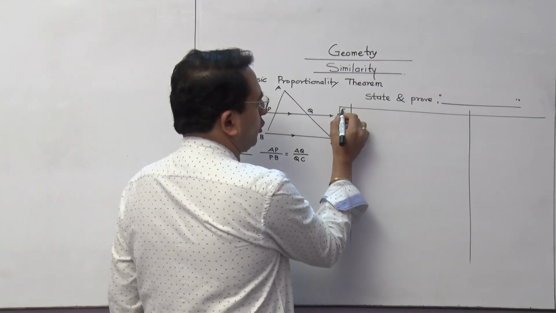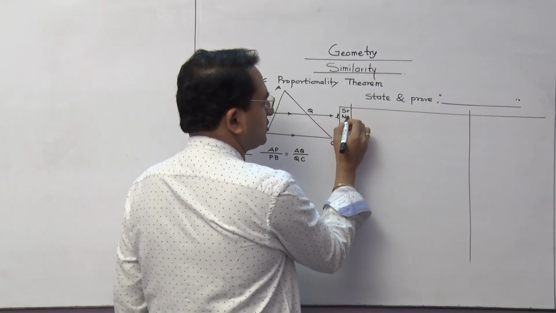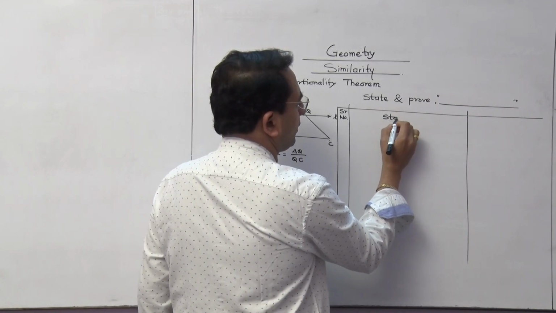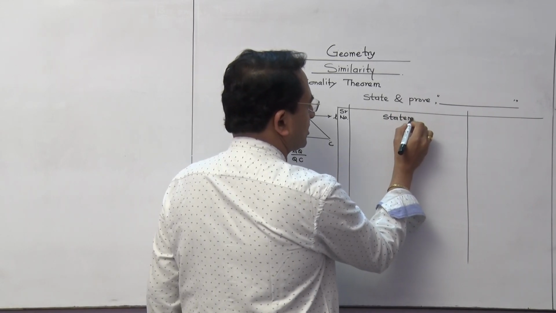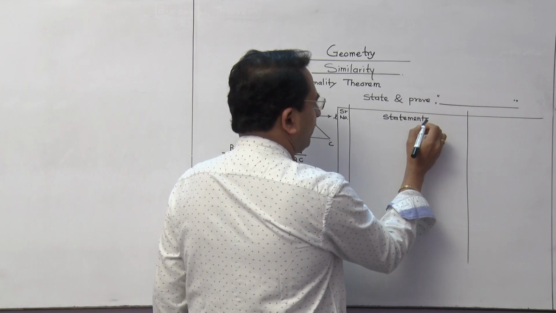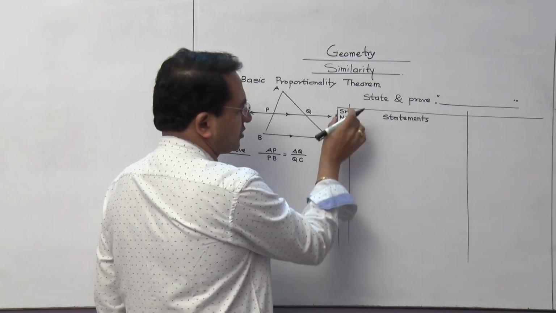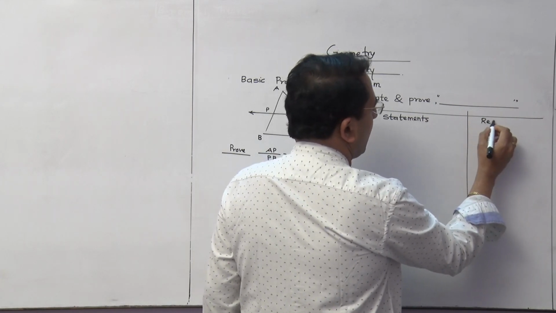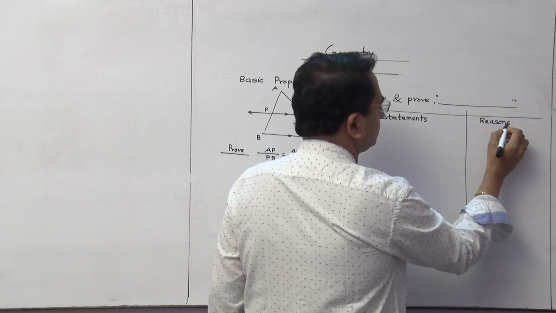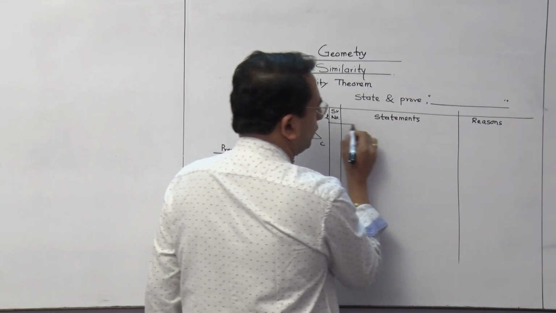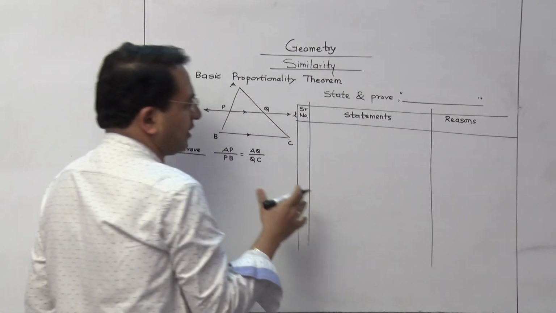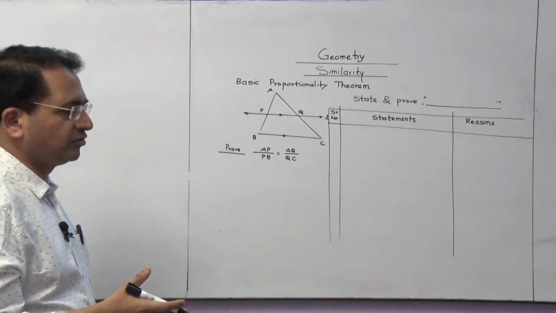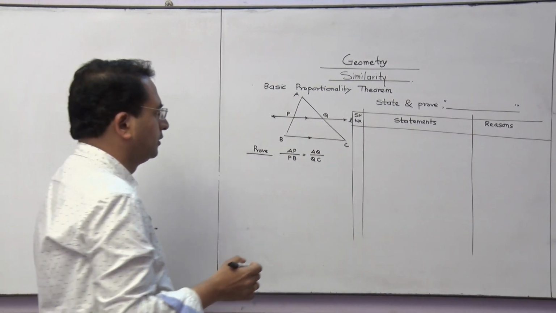I expect all of you will follow this for better presentation in the test. We make three columns. The first column is for serial number, then statements and reasons. Now this proof has certain standard statements. How to go about it?